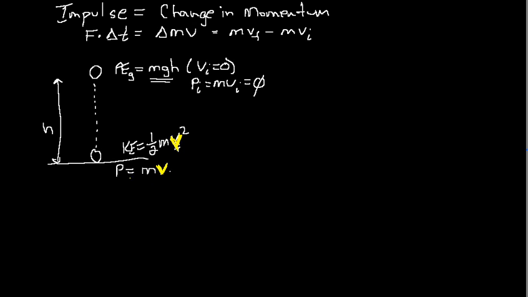Mass times that velocity is its momentum just as it's hitting the ground. So this egg here, just as it hits, it's got some velocity v. Let's not put numbers in it just yet.